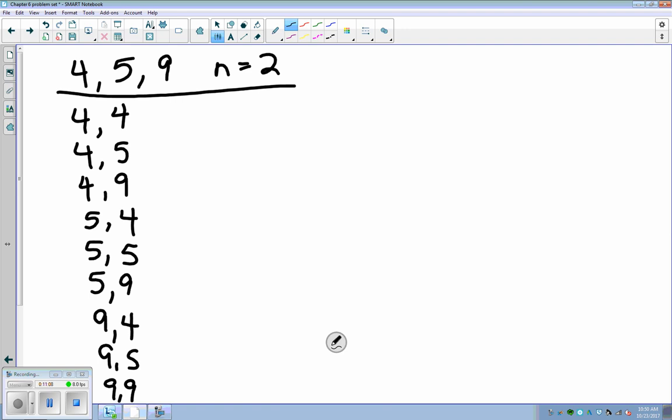I think what confused us on this one was when the sample I did on the board, we got the sample mean. So the sample mean would be 4, this one would be 4.5. That's the problem that we did. But that's not what this problem is asking.